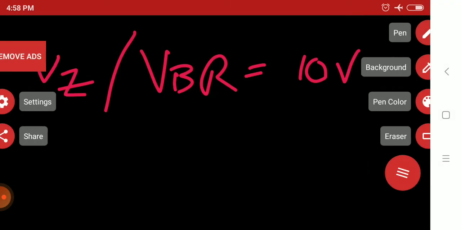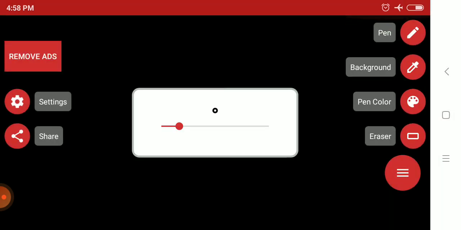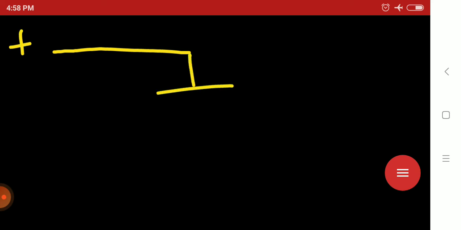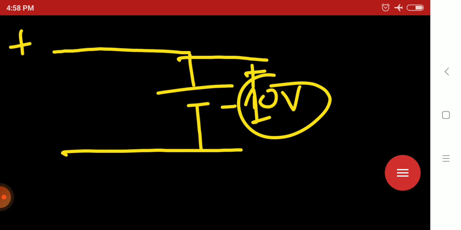Whenever the input voltage crosses or equals the breakdown voltage, that portion of the Zener diode will act as this 10 volt battery. Whenever forward bias is there, it will act as a 0.7 volt battery.